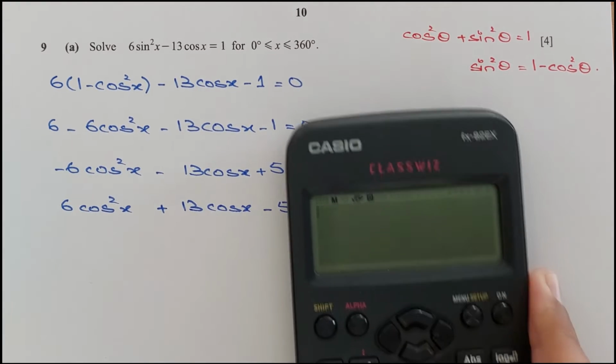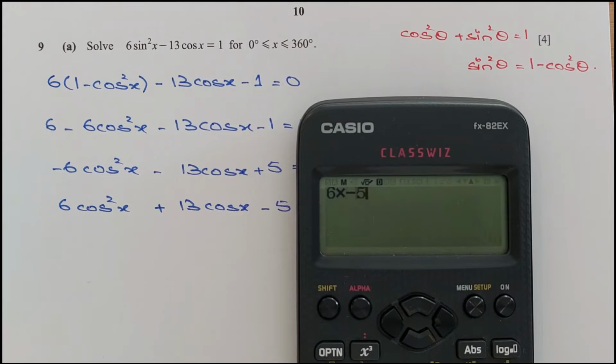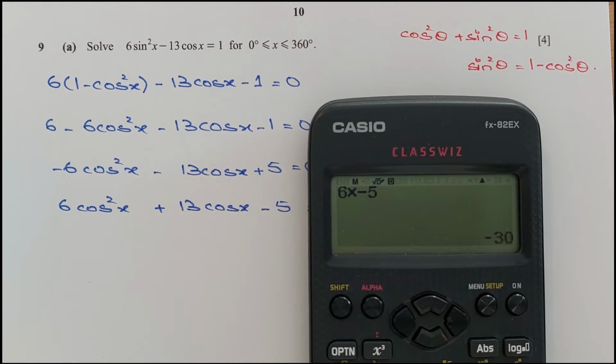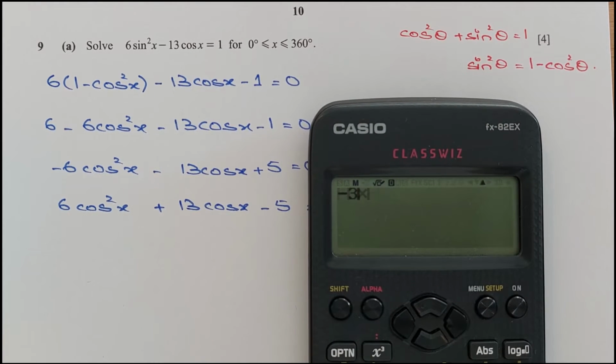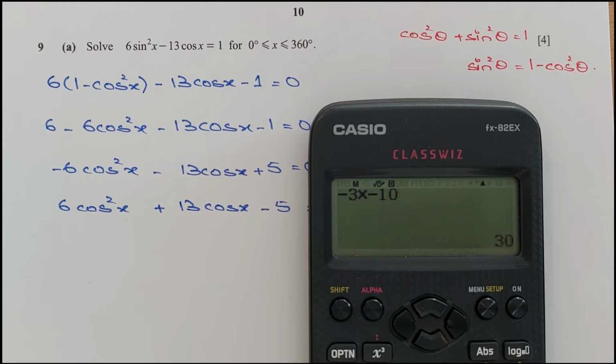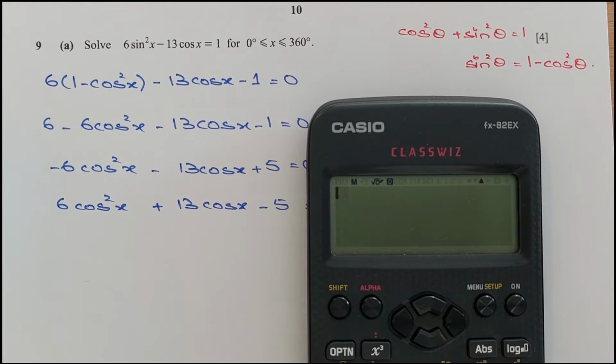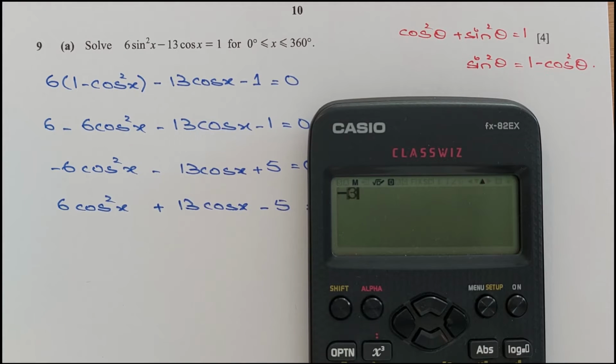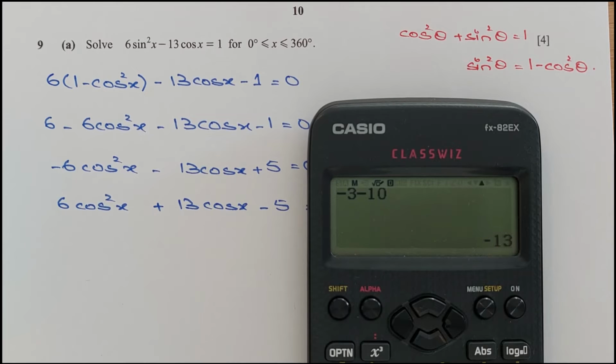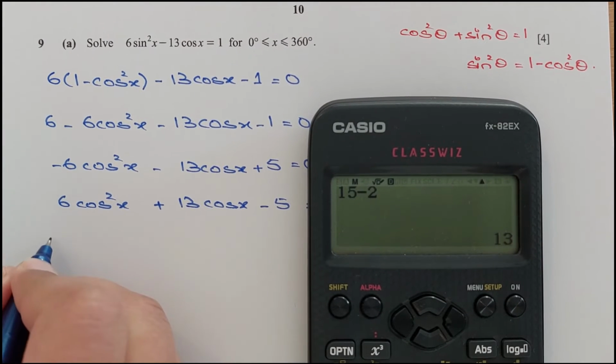Okay, let me factorize this. 6 times minus 5 is negative 30. But we cannot do minus 3 and minus 10, since this is minus 13. We need factors of 30: 2 times 15 is 30, and 15 minus 2 is 13.